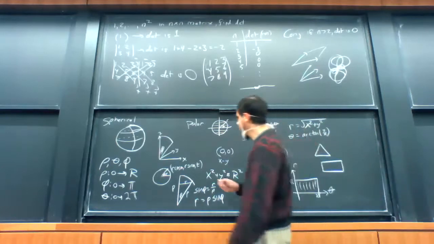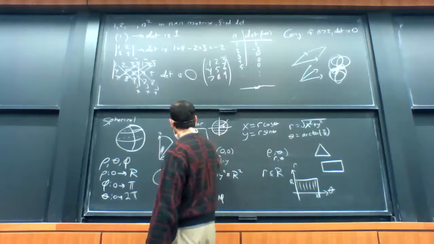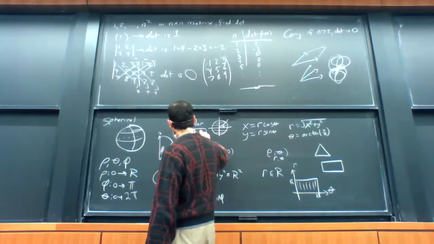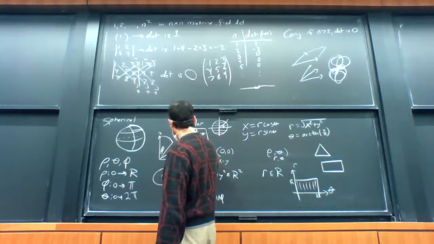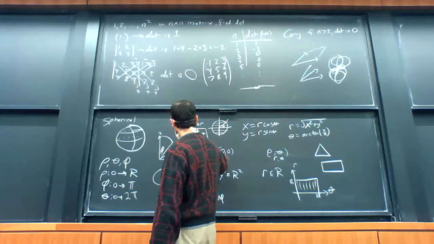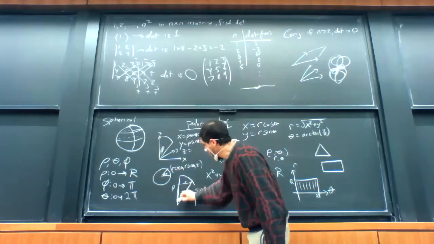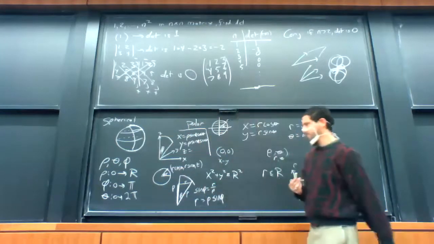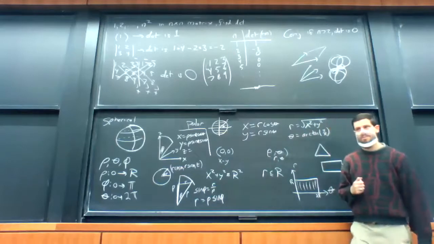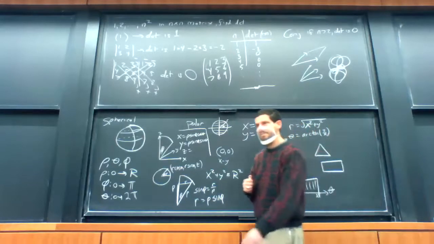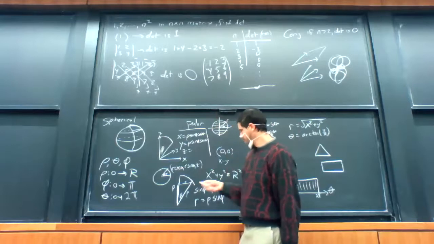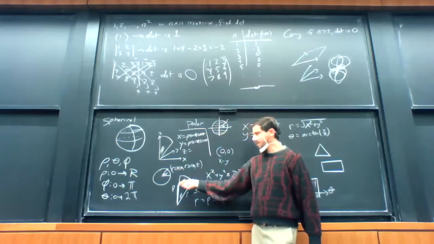And so that will lead us to our final answer. X is going to be rho sine phi cosine theta. Y is going to be rho sine phi sine theta. And z is going to be this length. What is that length going to be? So this was rho sine phi.